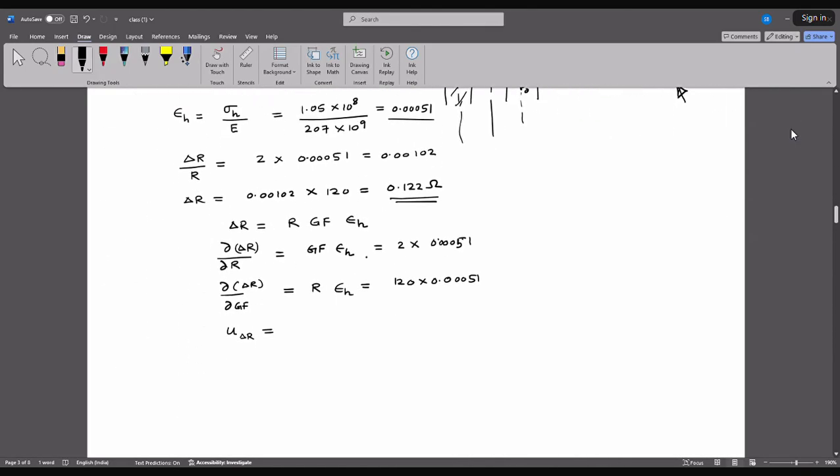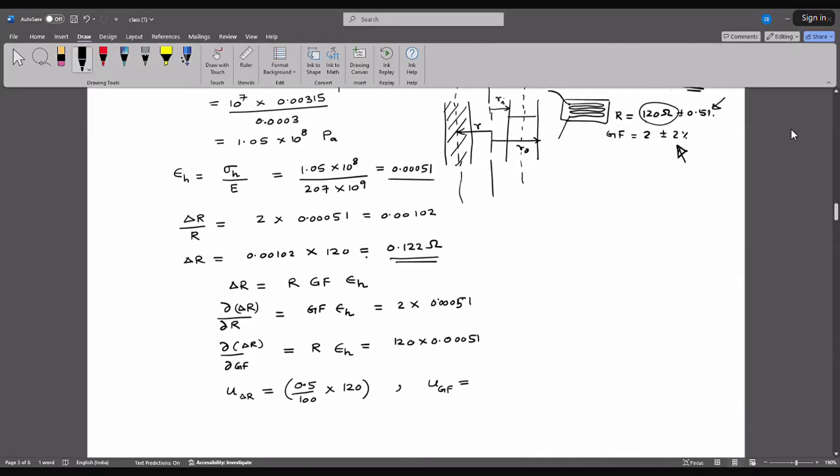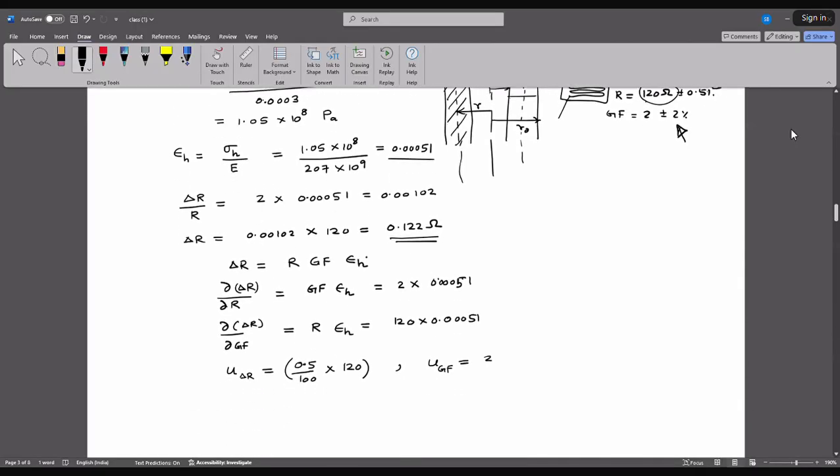So basically that is 0.5 divided by 100 into R. R is 120 ohm. So that is U delta R. Similarly, U gauge factor will be 2%, that is 2 divided by 100 into 2.